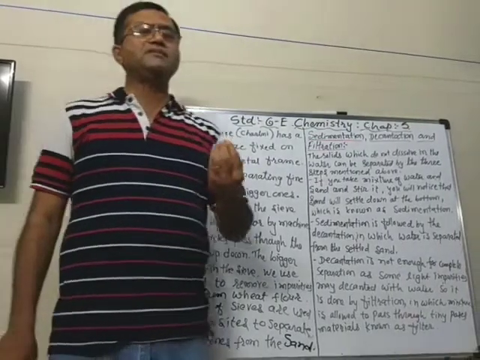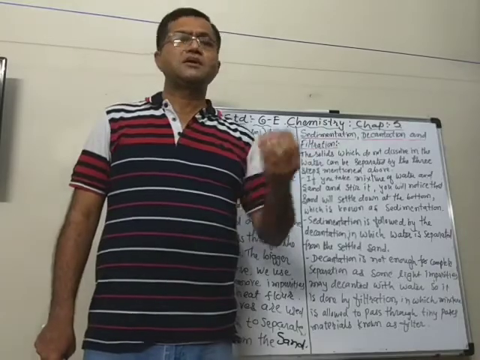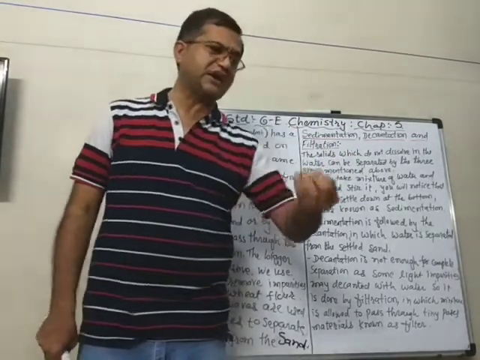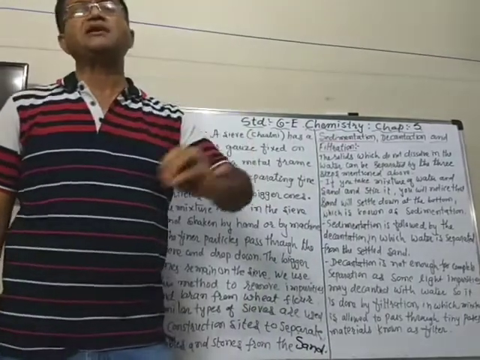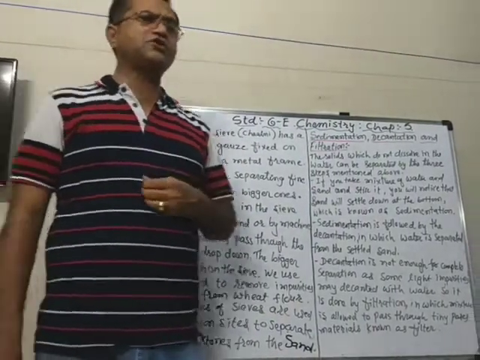For example, if you want to separate some water in which there is some sand and some very light particles are also there, then what do we have to do?